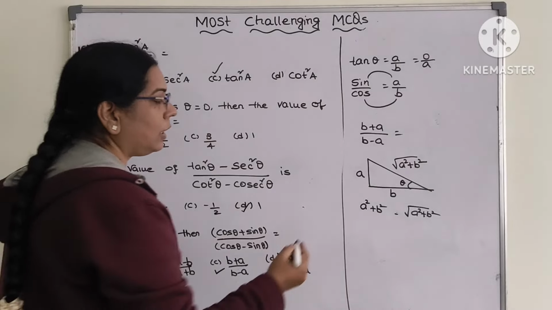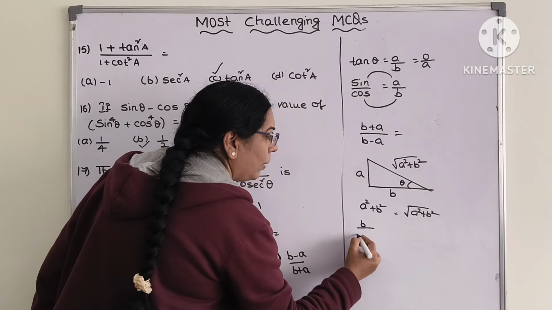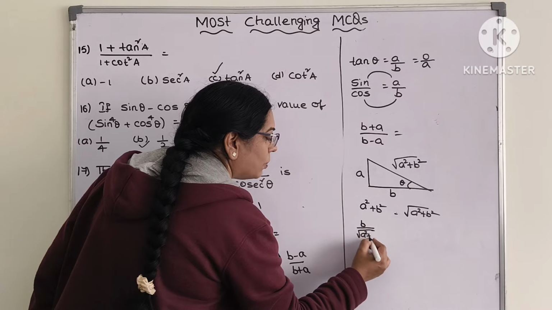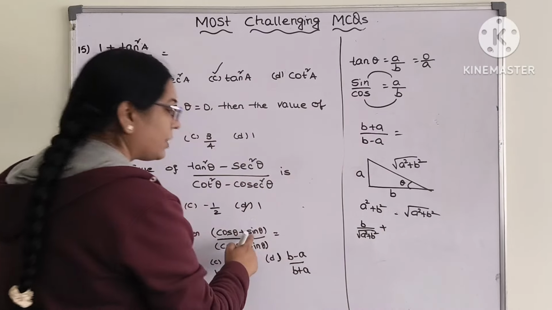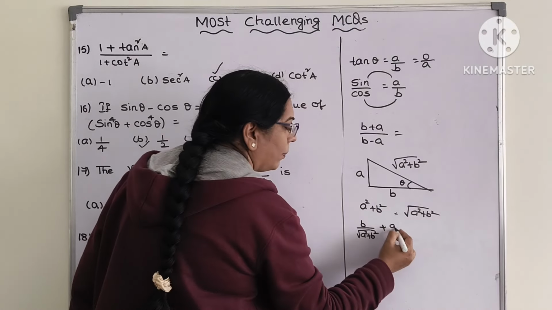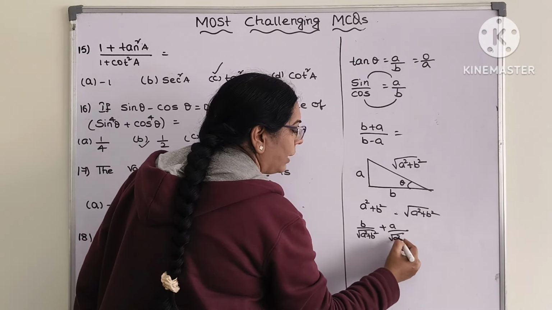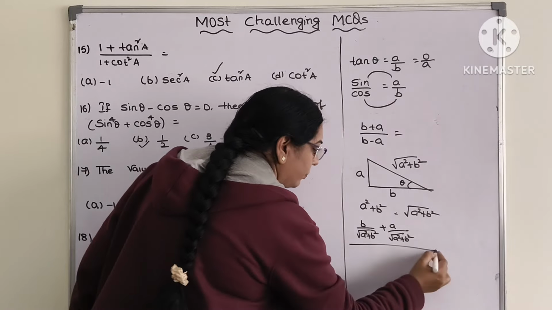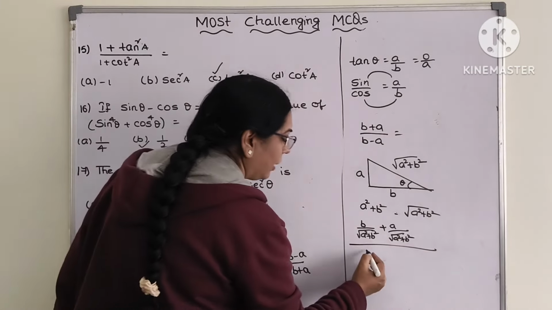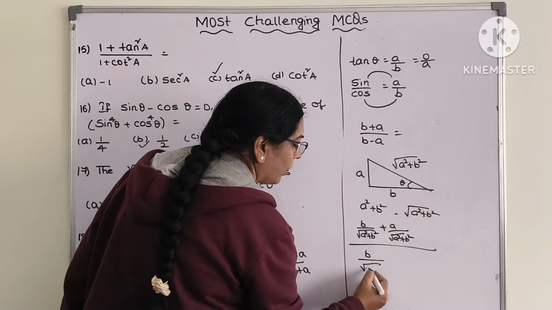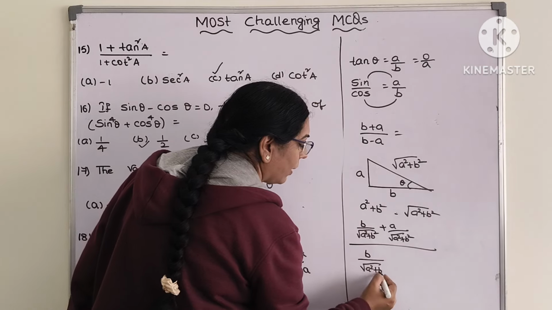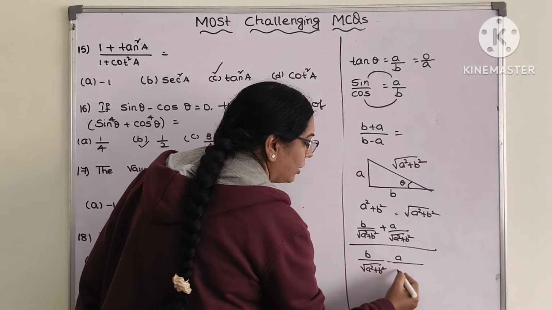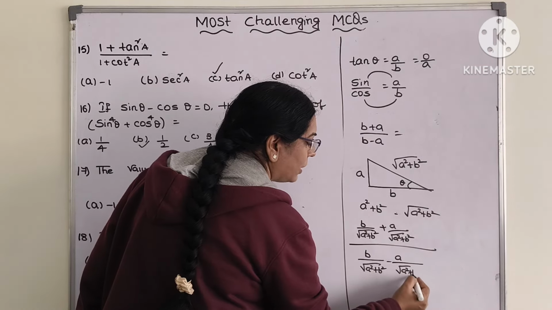Now, what is cos theta? Cos theta will be B by square root of A square plus B square, plus sin theta, which will be A by square root of A square plus B square. Same process but with the negative sign. So, B by square root of A square plus B square minus A by square root of A square plus B square.